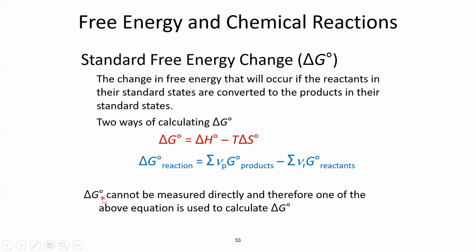And this delta G value is not a value that can actually be measured in a lab. So we would always be calculating how much that free energy changes during a reaction. Not necessarily how much we have at the beginning and how much we have at the end, but how much it changes from beginning to end.